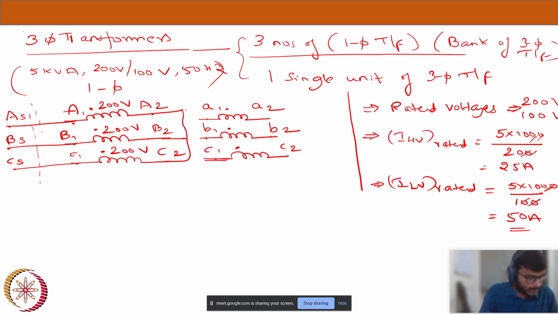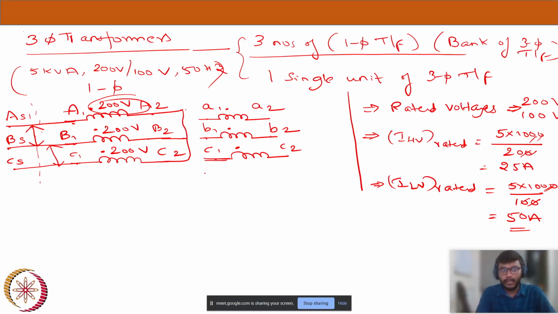Now, since I can apply a supply here, this is my line to line voltage, and this is my phase voltage. In a star connection, we know line to line voltage is root 3 times the phase voltage. So how much voltage can I apply here so that my transformer won't be overrated?